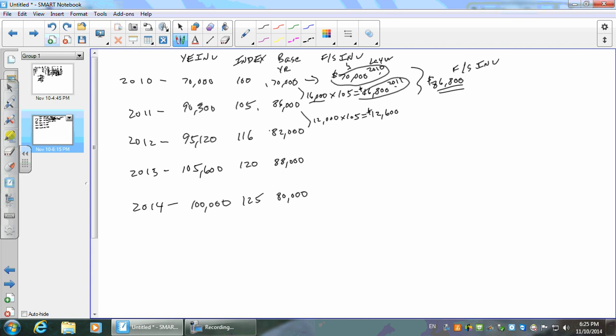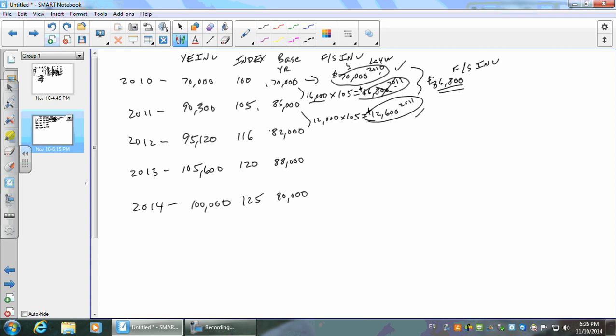Everybody see it? So now my 2011 layer is not 16.8. How much is left? 12.6. Everybody see it? So how much is my ending inventory going to be? 70,000 plus 12,600. Everybody see that? I just depleted part of it.